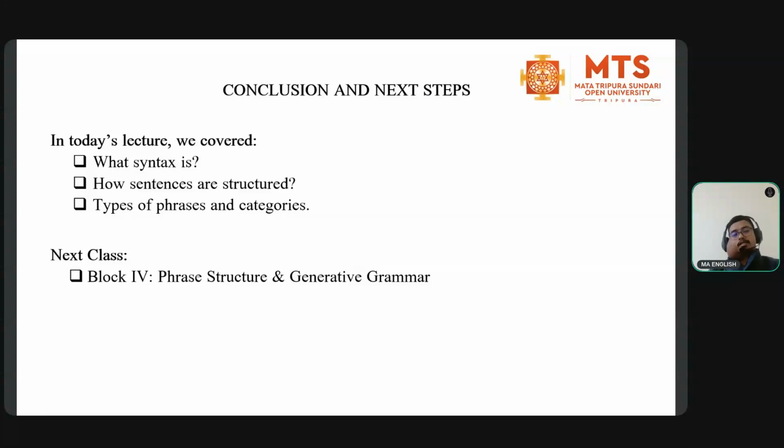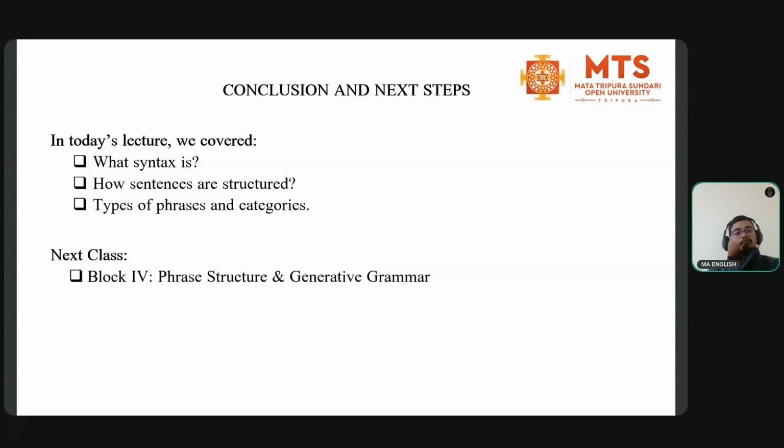Now let's move on to the conclusion and next step. What shall we do in the next class? In this lecture we have studied what syntax is and what it studies, and how sentences are structured hierarchically. What constituents are, and how to identify them. We also mentioned morphemes and morphophonemics, the interaction between syntax and morphology and phonology.